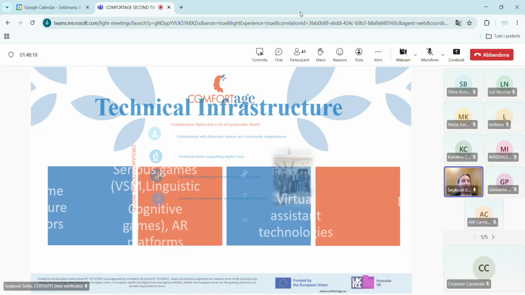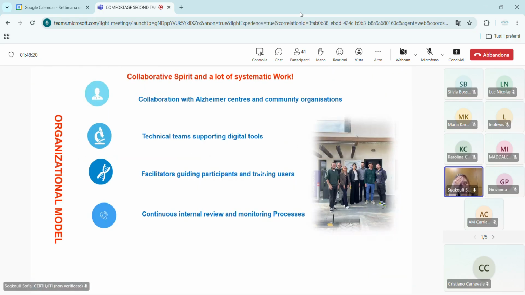However, while an optimized technical environment is very important and effective, what matters at the end of the day is the collaborative spirit and the systematic work of a team which works very closely and very systematically.